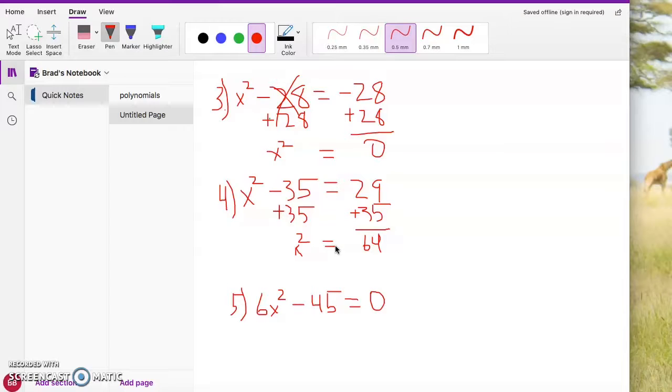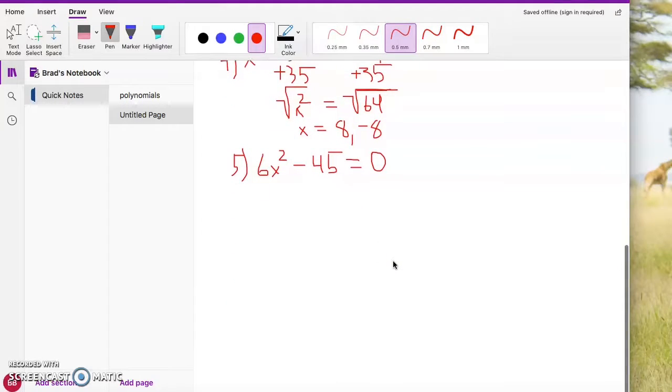Same thing we've been doing, we're just getting used to this process. You square root both sides, and remember that with a positive number there are two solutions rather than one. 8 times 8 is 64, but negative 8 times negative 8 is also 64, so we have to include both. x equals 8 and negative 8.